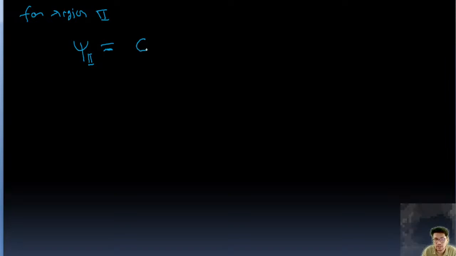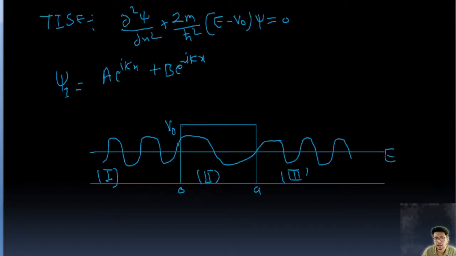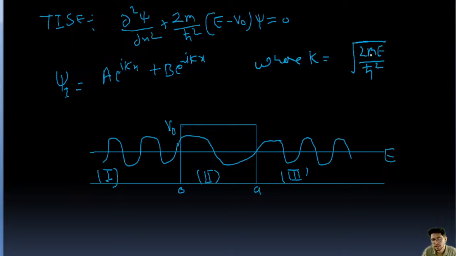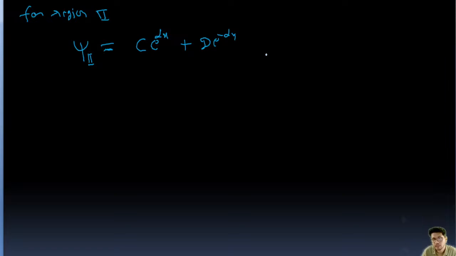So psi2 is going to be C e to the power alpha x plus D e to the power minus alpha x. So this is the wave function, where the value of k is root 2mE upon h cut square, and here the value of alpha is root 2m(V naught minus E) upon h cut square.